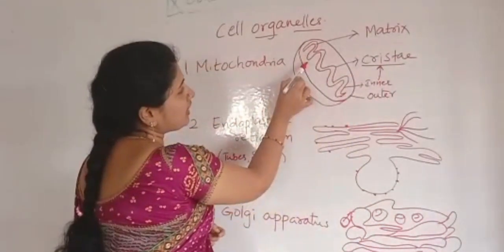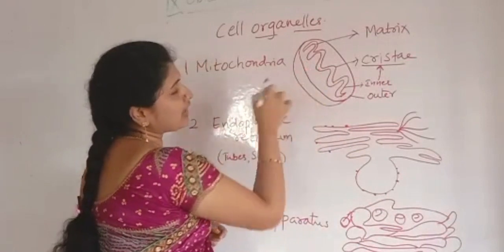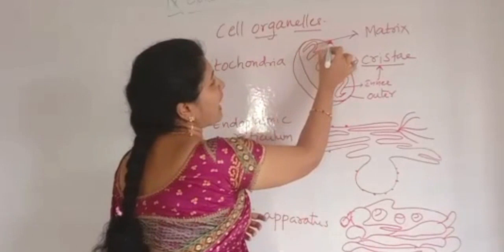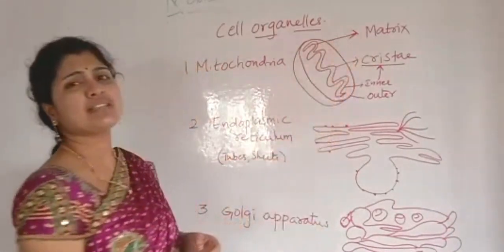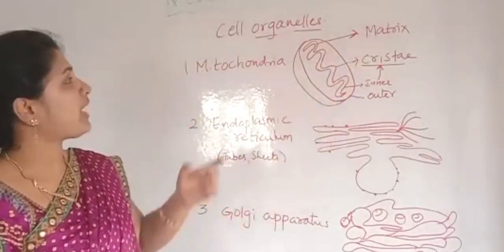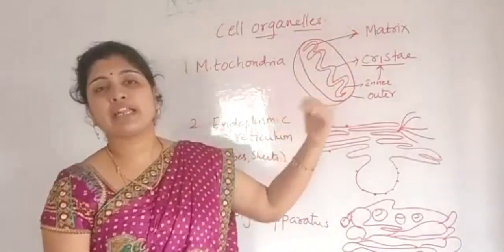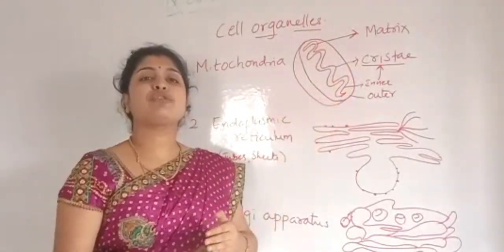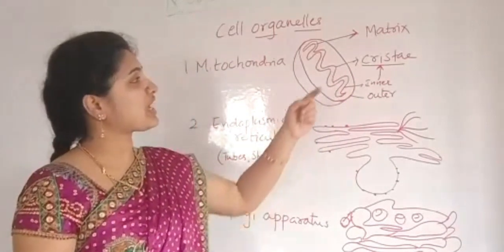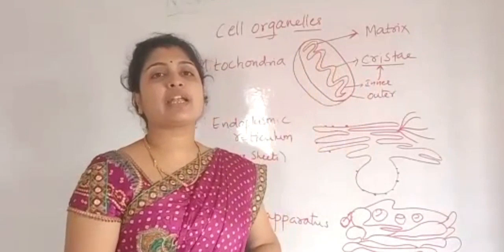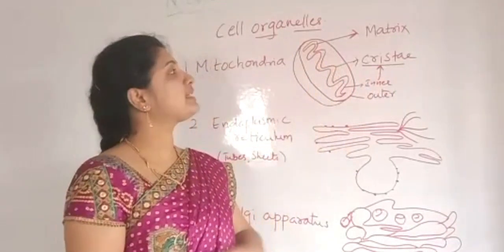And in between, some substance is present that is known as the matrix. So mitochondria is made up of two membranes, the outer membrane and the inner membrane. The inner membrane folds inside to form a structure known as cristae, and the space inside is known as the matrix.